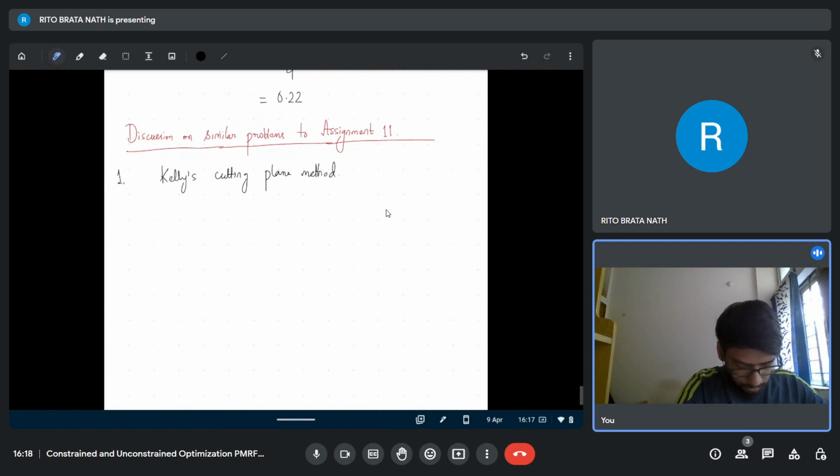The nonlinear objective function is linearized with Taylor series expansion. Constraints are linearized with Taylor series expansion. Both A and B cannot be true. None of these. So the first one is directly from the lecture slides, so I'm not going to discuss this.